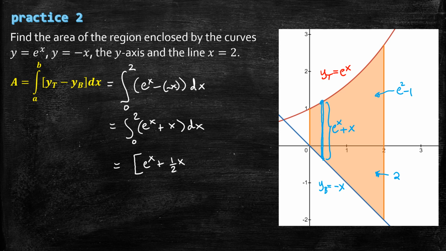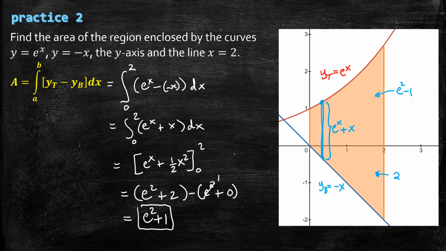The antiderivative of x is x squared over 2, and we get to plug in, so e squared plus 2 minus e to the 0 plus 0, and that's e squared plus 2 minus e to the 0, which is 1. e squared plus 1 is the total area, which we predicted by just adding e squared minus 1 plus 2, that we would get that answer.